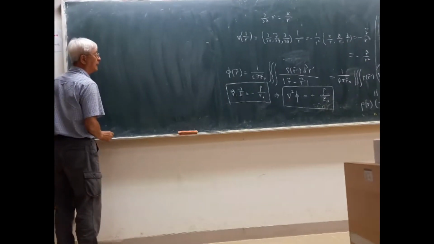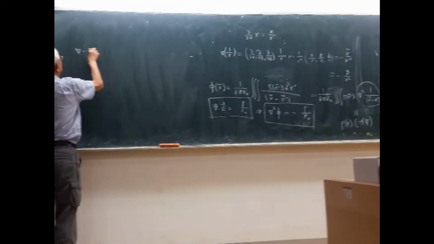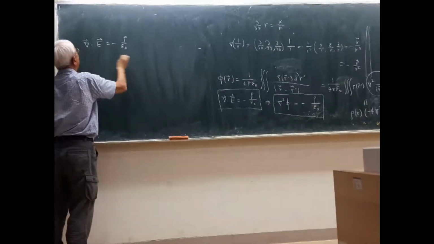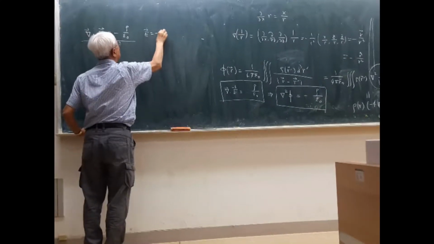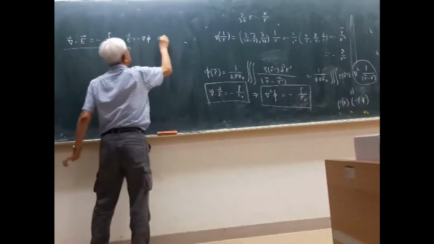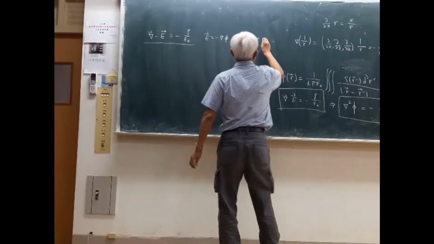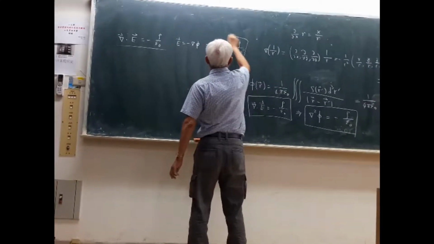So we have divergence of E equal to rho over epsilon, and as E is a gradient, E equals minus gradient phi, which implies the Laplacian of phi equals minus rho over epsilon.